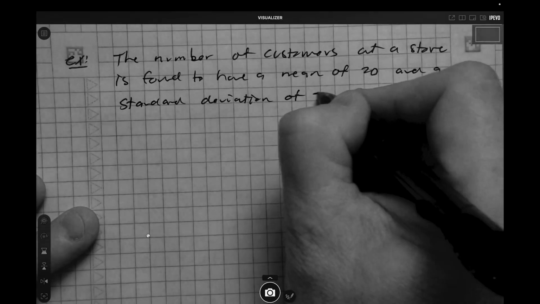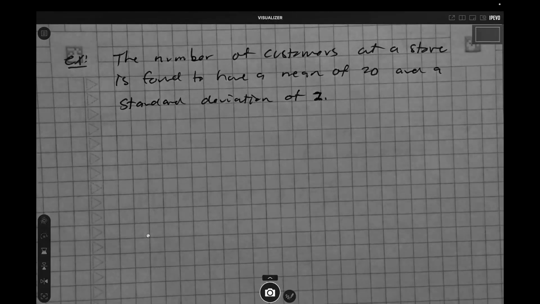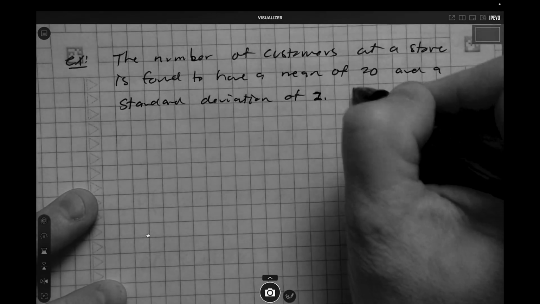So we've got a mean of 20 and a standard deviation of 2. We don't really know the probability distribution, but we'd like to say something about a certain probability.